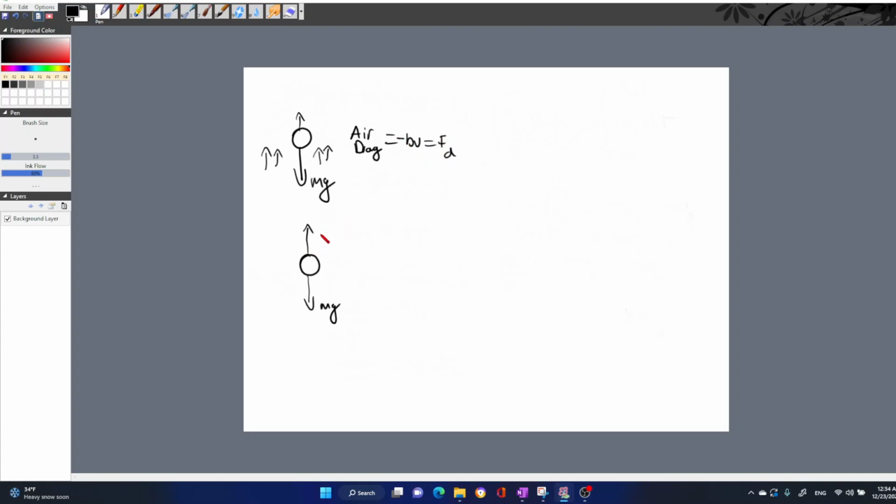So we're gonna be at a point where the air drag is equal to the force of gravity. At this point, we're at equilibrium, and our acceleration is zero, which means that our force is also equal to zero at terminal velocity.